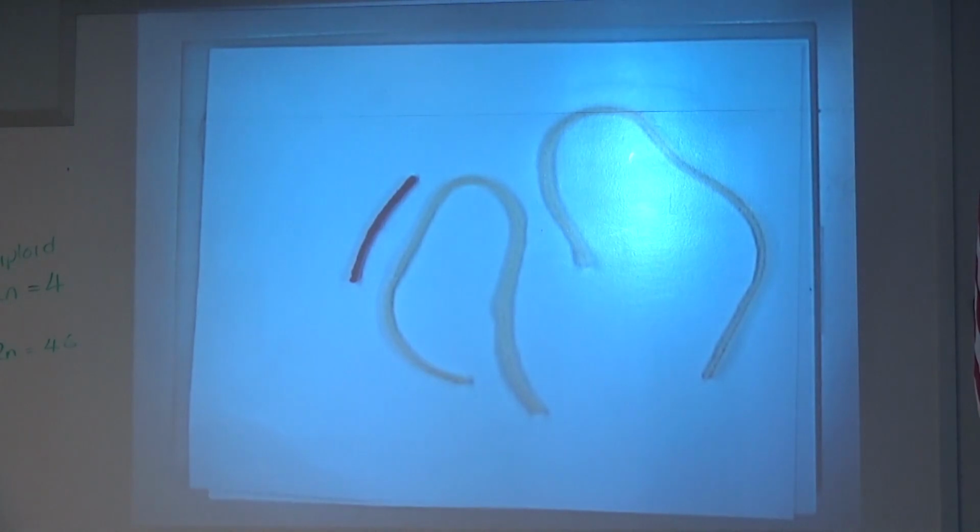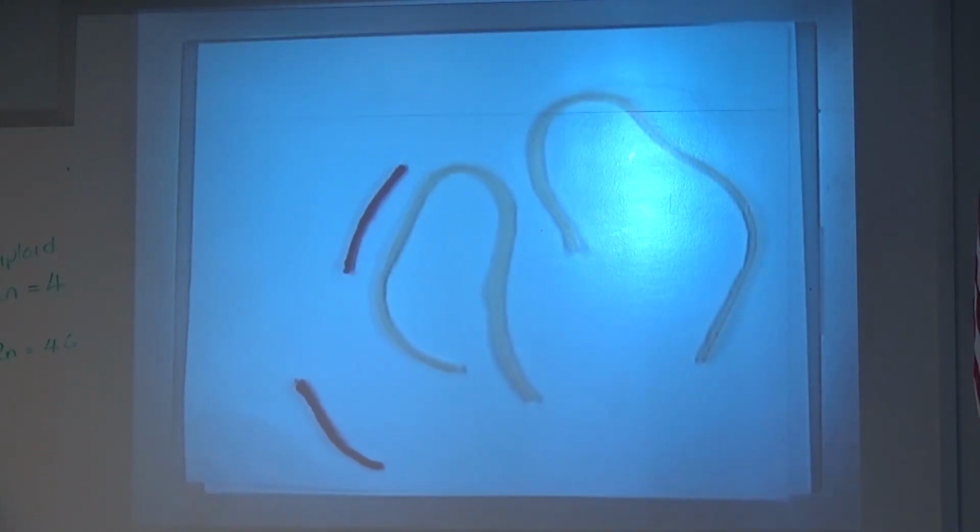So once again, here's my testes cell, hanging out in the testicle. It's a diploid cell. It's got 2 of everything, but it's only got 4 total chromosomes, so it's small. But we've got 2 of everything. Diploid cell to start with.